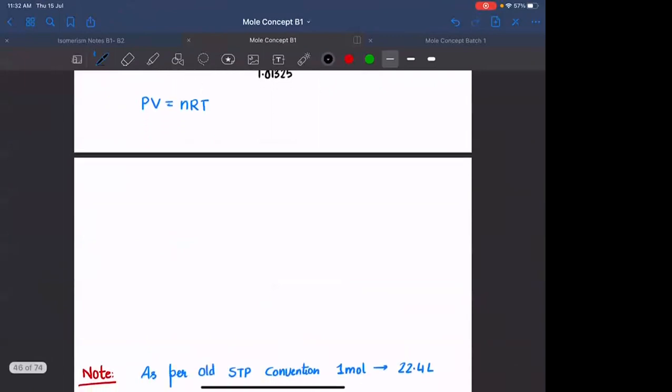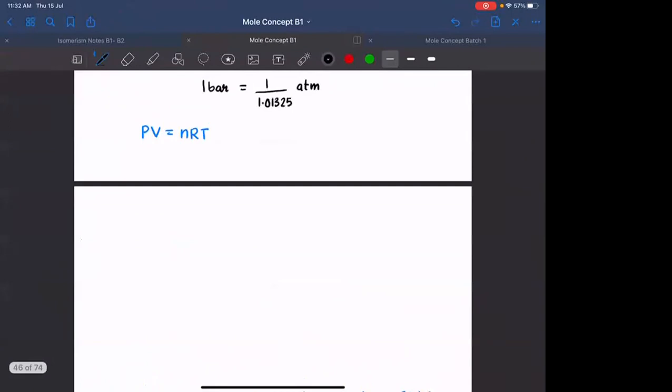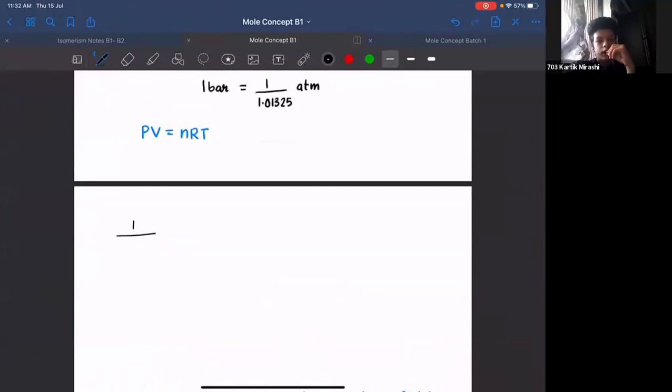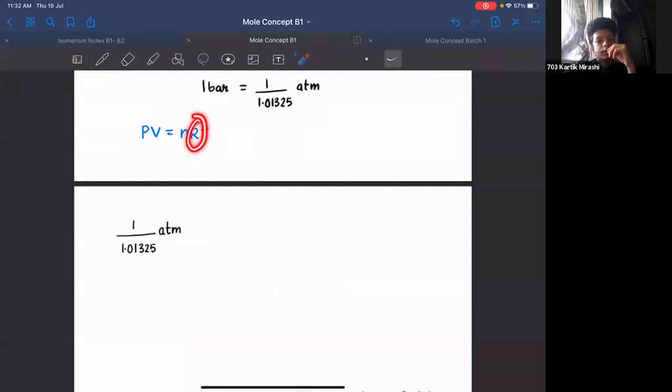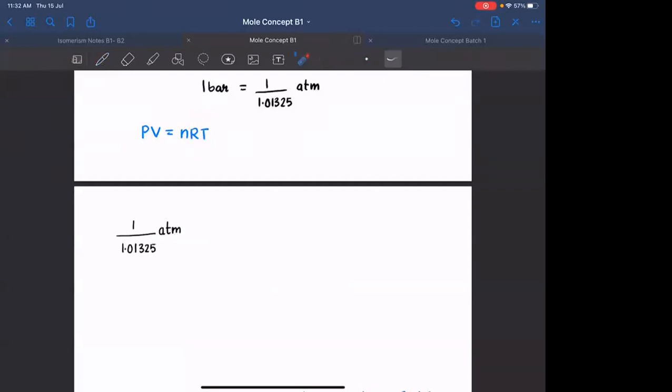Now what value of pressure do you need to substitute? 1 upon 1.01325. I need to substitute this in atmospheres because the units of R are atmosphere liter per mole Kelvin. So I should substitute in atmospheres only.